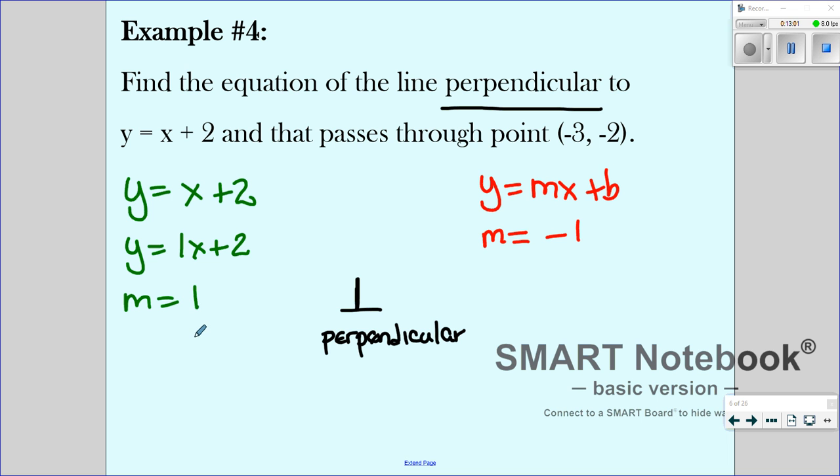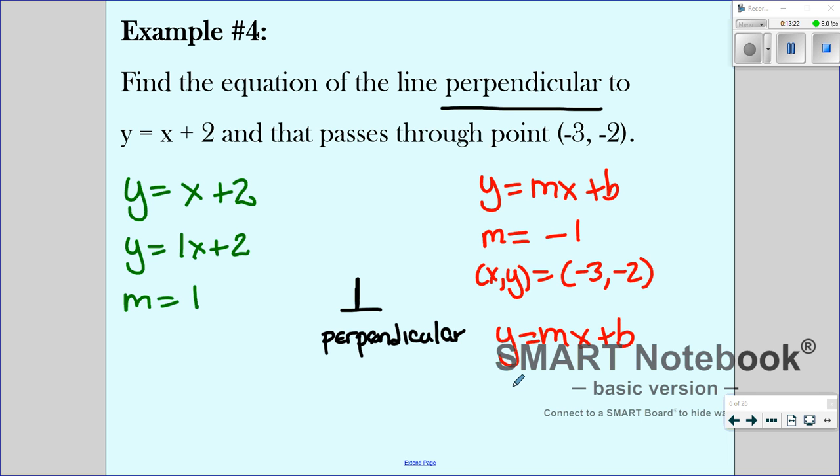This was 1 over 1. You do the reciprocal, which will be -1 over 1, which is just -1. And they gave us a point, so I'm going to put x y, which is -3 and -2. Now we're going to plug it into our equation to find b.